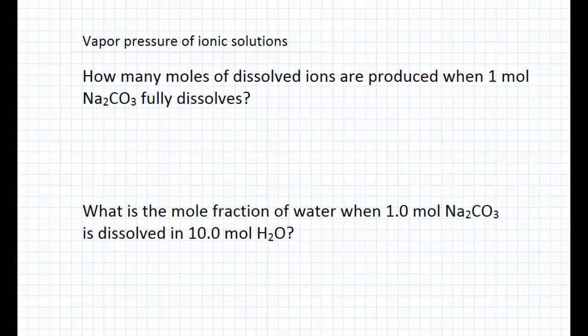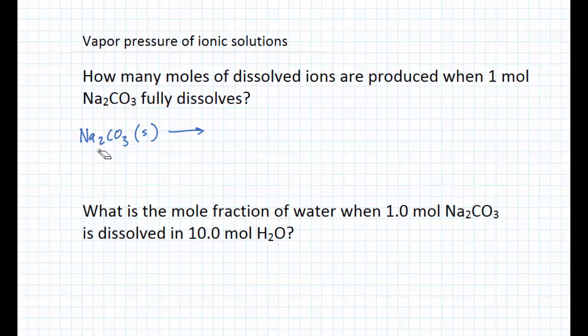Maybe let's write out a little equation here. Let's say we have sodium carbonate, and it's Na2CO3 because of the charges, right? But when that dissolves, like remember when we were writing net ionic equations, we broke up ionic compounds into their ions. How many sodium ions are there in this formula?